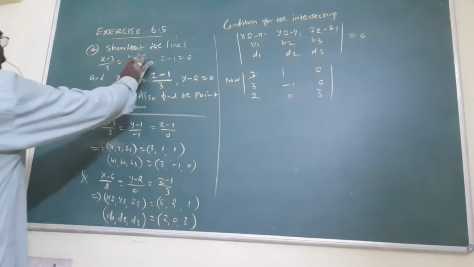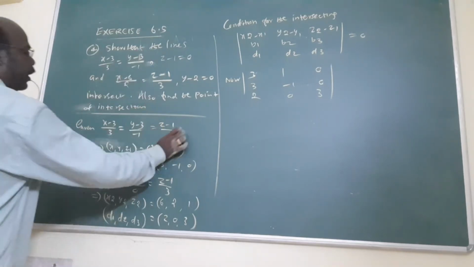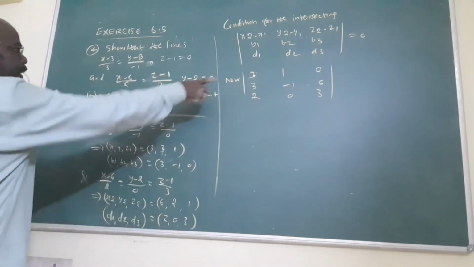Sorry, here the equation is y minus 3. That's why the wrong answer was coming; the answer is 3. Now x2 minus x1, 6 minus 3, 3.